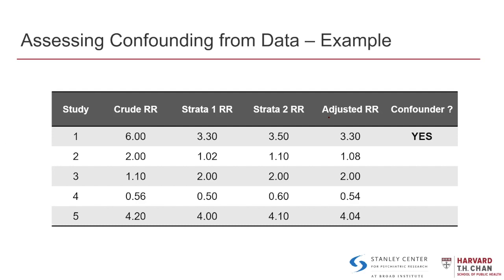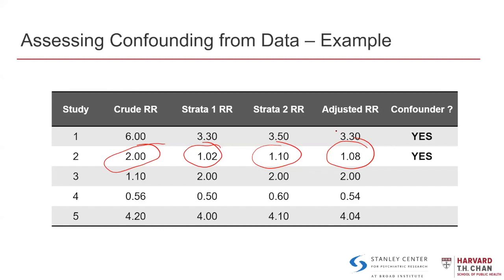We can take the next example. We had a crude relative risk of 2.0. The stratum specific is 1.2, 1.02, and 1.1, but the adjusted is 1.08. Similar to study one, we can say that the variable is a confounder because it's different from the stratum specific as well as from the adjusted.